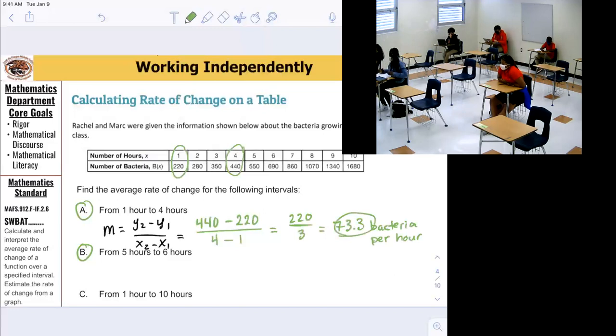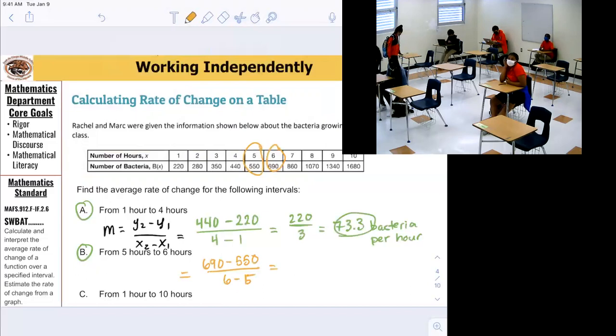All right. For B, now I'm looking between 5 and 6 real quick. What's my Y2? Careful, Y2. 690. Yeah, 690. Then I can put down 550. And then down here I have 6 minus 5.